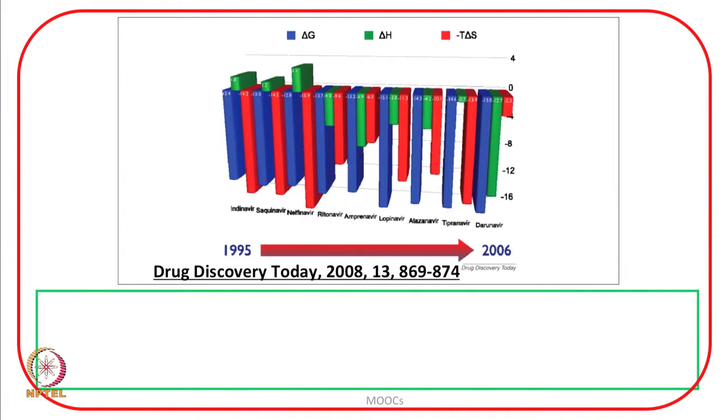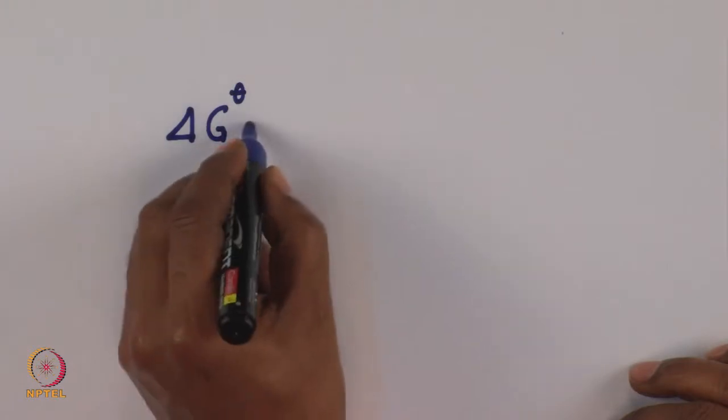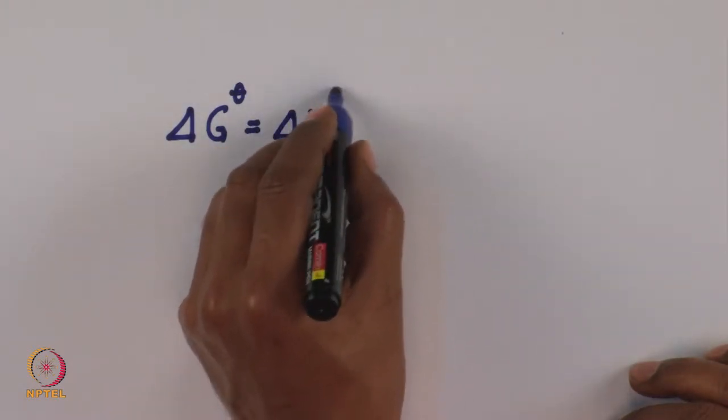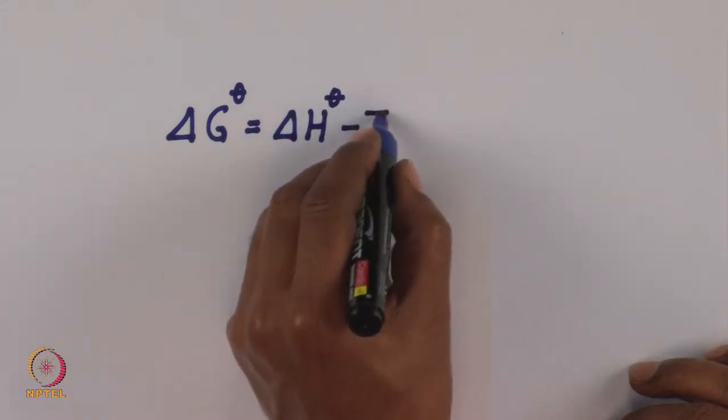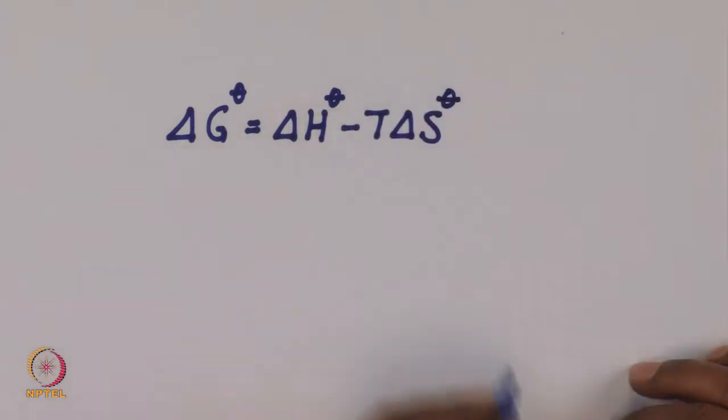Now, let us take a look at this equation. Delta G naught is equal to delta H naught minus T delta S naught.